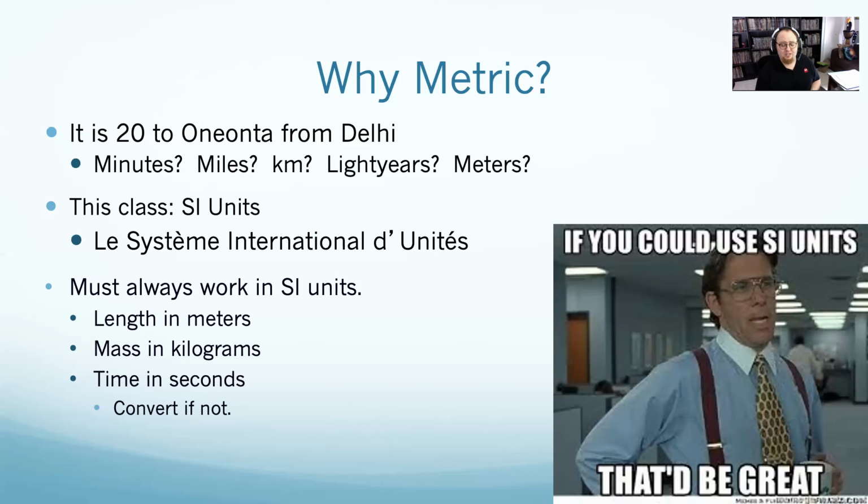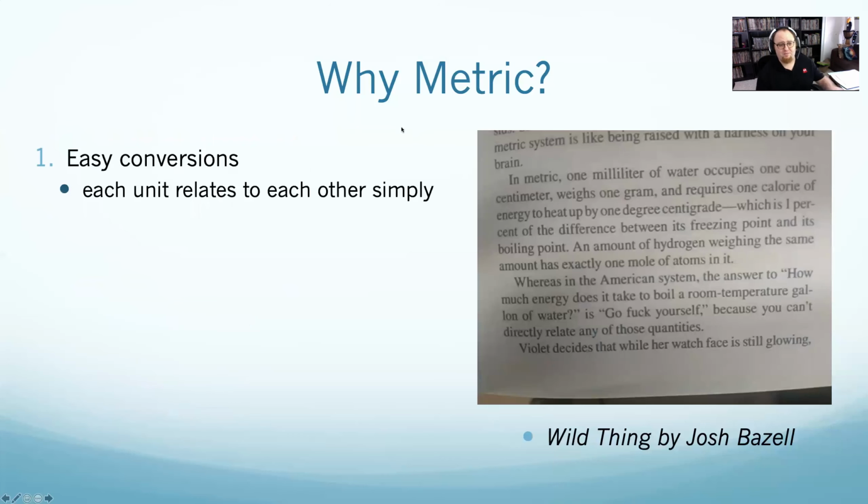Now, this always leads to, but we're in America. Why aren't we using feet and pounds and still seconds, because we use seconds? To that, I have 3 reasons why we're going to use metric. The first is that metric is easier to convert. There are 12 inches in a foot, 3 feet in a yard, and I have no idea how many yards in a mile.